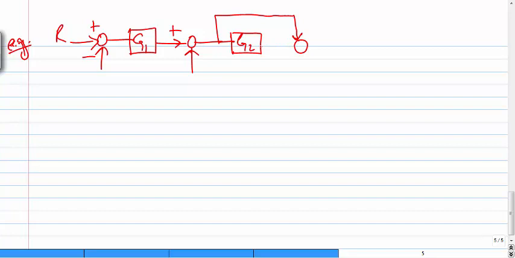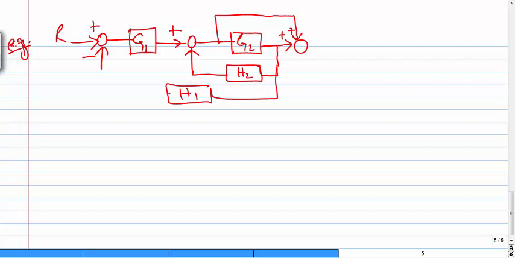And this branch is also summing up here. The feedback term, that is H2. There's another feedback term, that is H1. After that we have another feedback coming to this one, and we have G3, then we have H3.